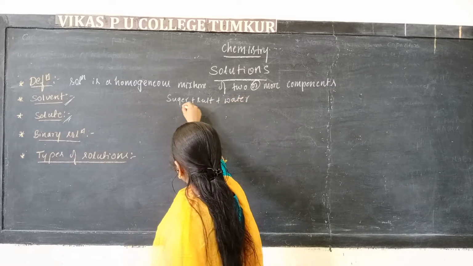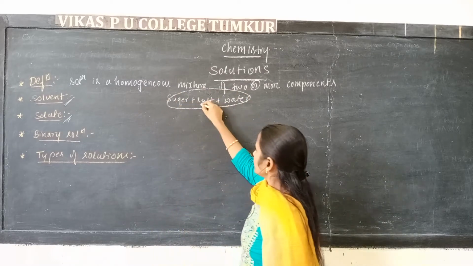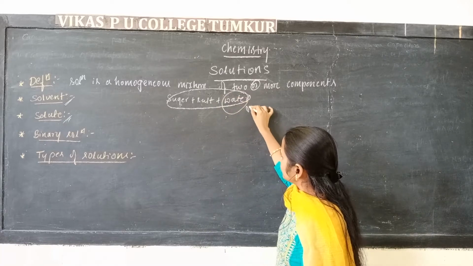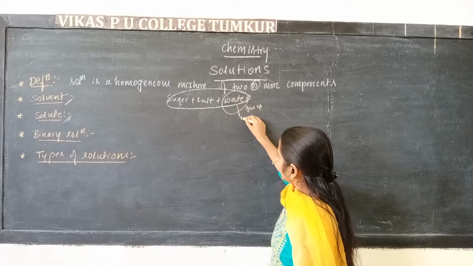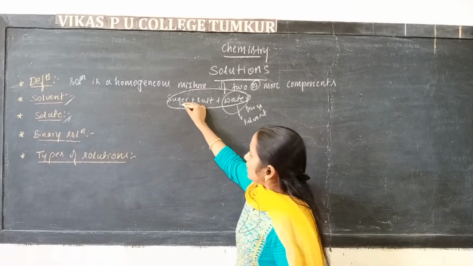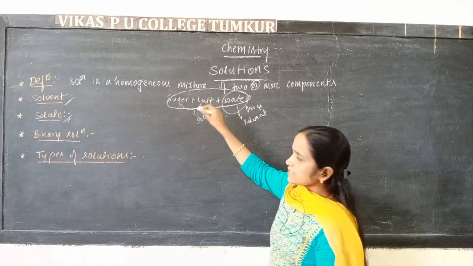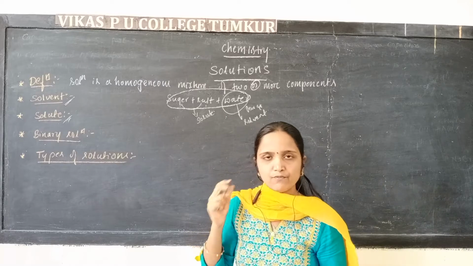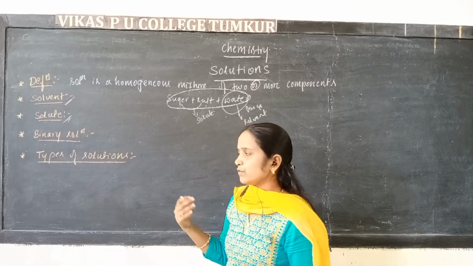The sugar and the salt are dissolved in the water. The water is present in the large quantity. At that time, this water becomes the solvent, and these two we call the solute. So the solute may be 1 component, otherwise more.